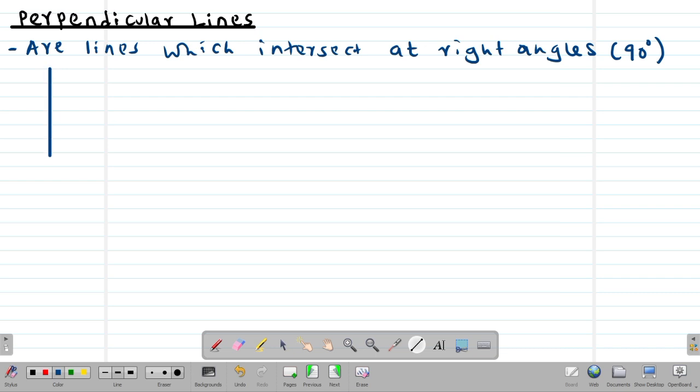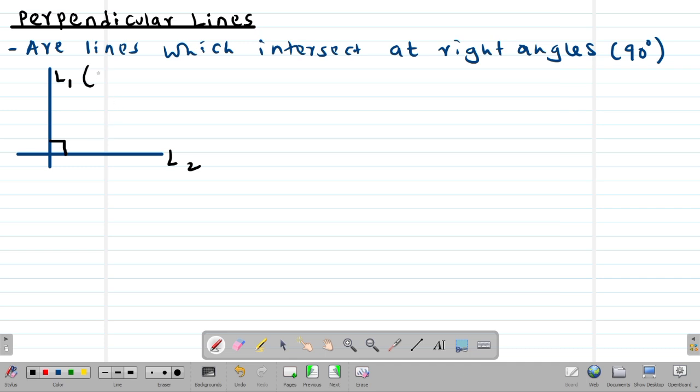For example, let's consider these two lines which are perpendicular to each other. Suppose we have two lines L1 and L2. If this is our line L1, then we have another line L2. Clearly, you can see that these two lines are intersecting at an angle of 90 degrees.